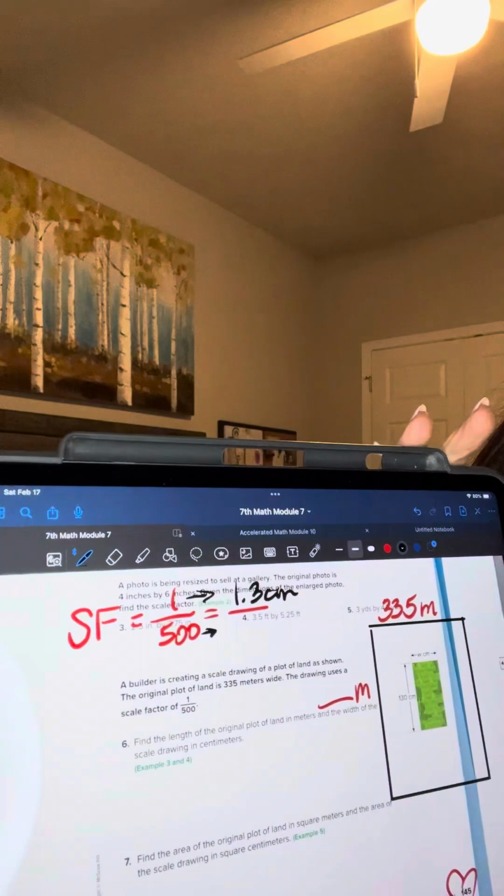Therefore, I put my 1.3 centimeters across from the scale 1, and now I will cross multiply doing 500 times 1.3, and y'all, I'm going to do that very quickly here. 1.3 times 500, and I get 650.